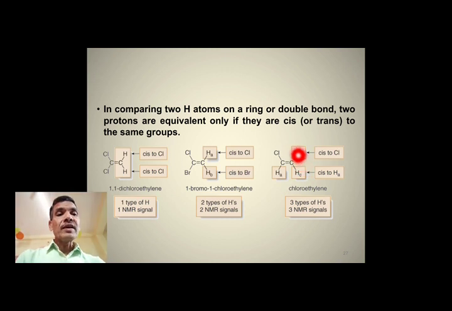This Hb is cis to chlorine, while this proton is trans to chlorine. Isn't it? This hydrogen atom is at trans position, while this hydrogen atom is at cis position to this chlorine. Therefore, chemical environment of Ha, Hb, and Hc is different, and therefore chloroethylene shows 3 signals in NMR spectrum.